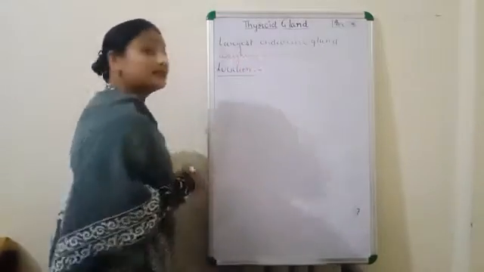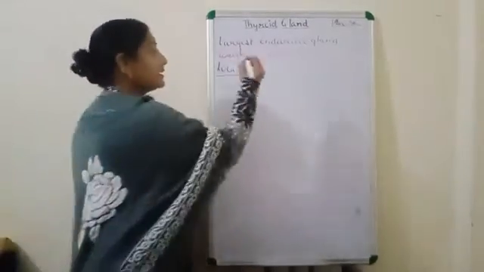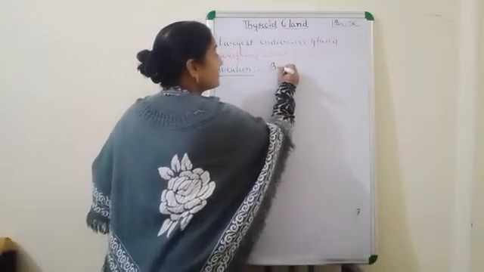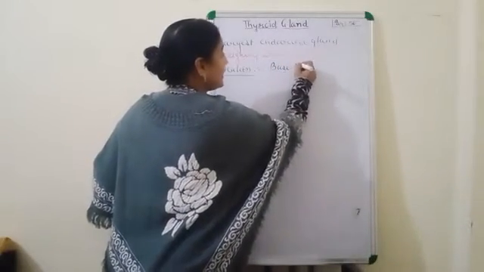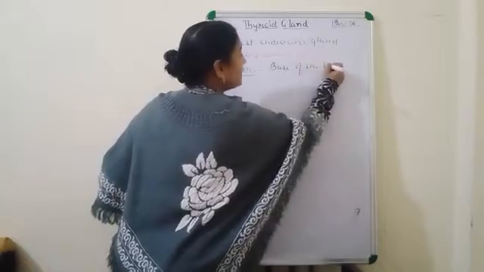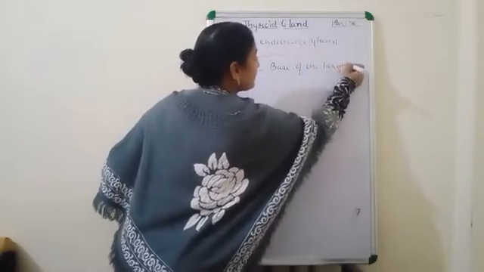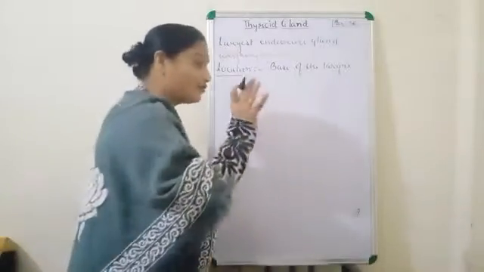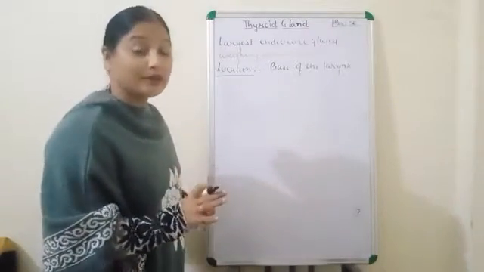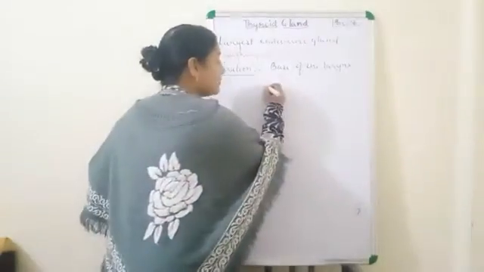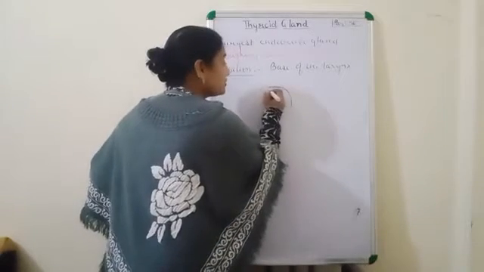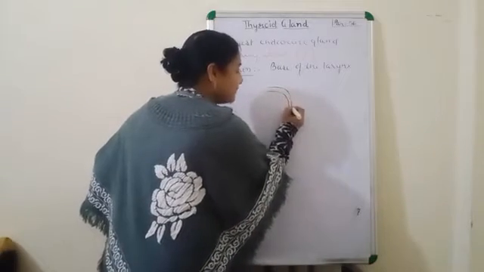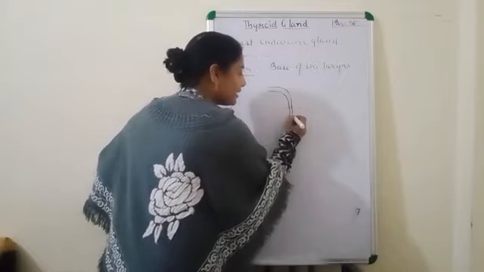It is simply located at the base of the larynx. Now, if you remember, we have already discussed the respiratory system. There we have seen the nostrils, then pharynx, then trachea.